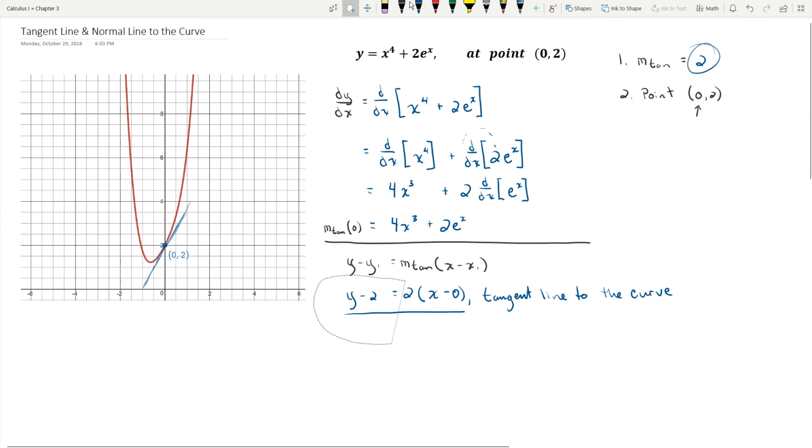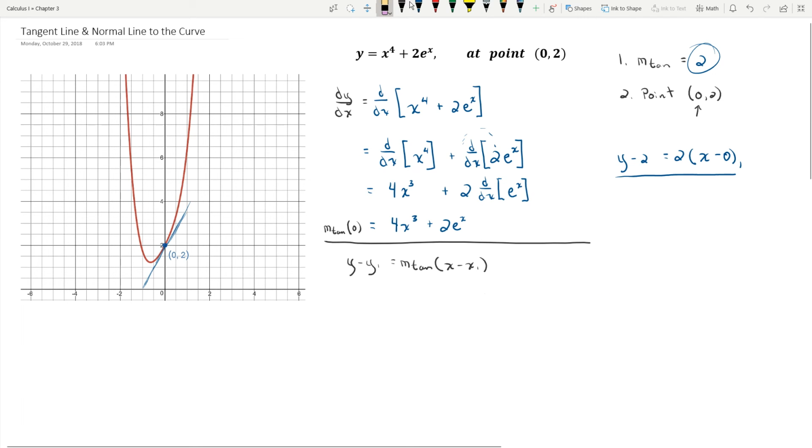And in order for us to do that, there's just a very simple rule that once you have the equation of a line and you want to find the normal line, what they're asking for is just simply a line that is perpendicular at that point. And the way we do that is extremely simple. We take the slope for that point, and we said that our slope is 2.